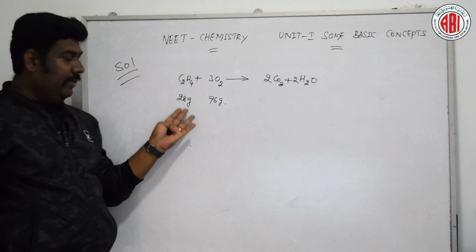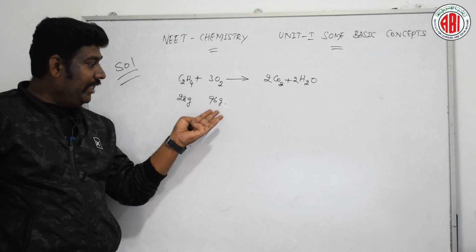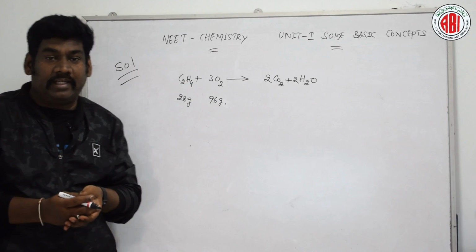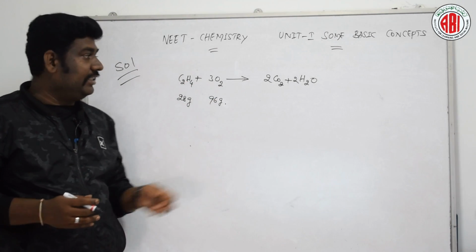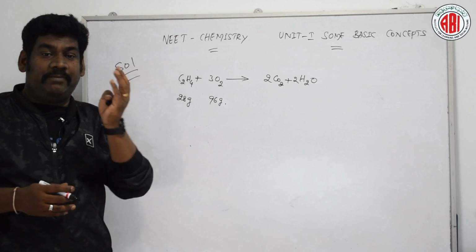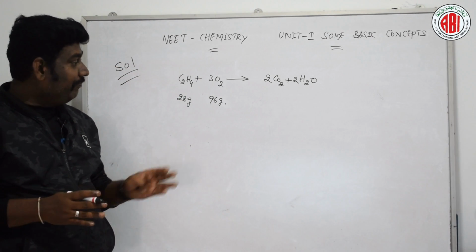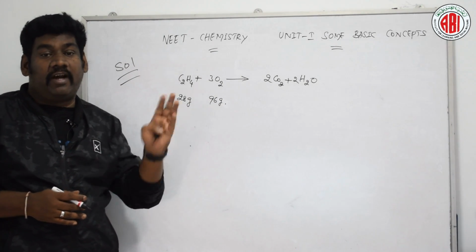28 grams of ethylene combine with 96 grams of oxygen and undergo complete combustion. This is the chemical equation. So 28 grams of ethylene undergo complete combustion with 96 grams of oxygen.